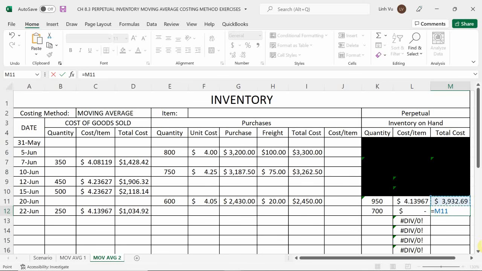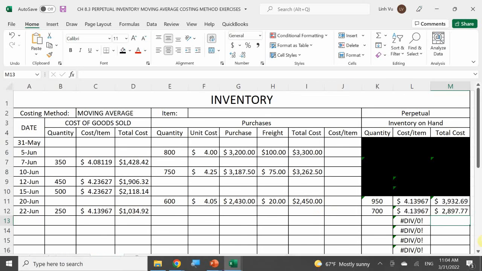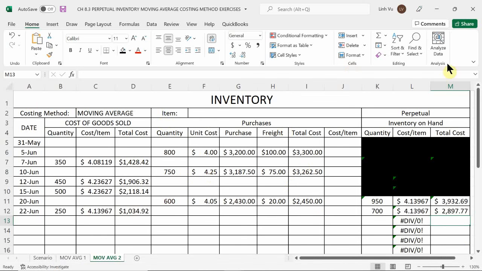We started out with $3,932.69 and we sold $1,034.92. So what's your new total cost? $2,897.77. Good, right? Which does not change your average cost here.